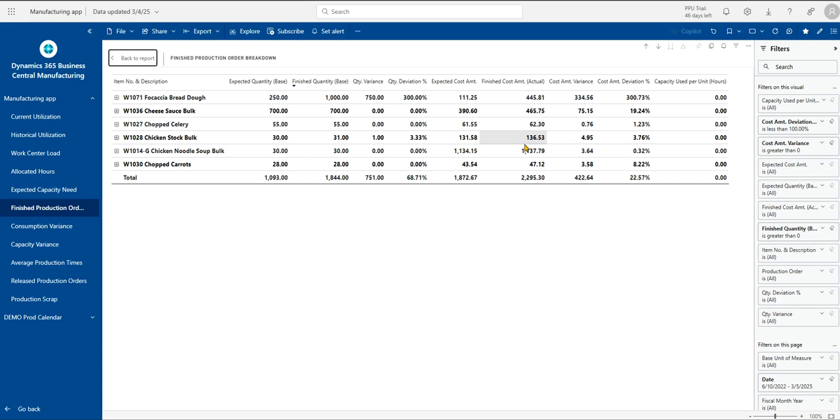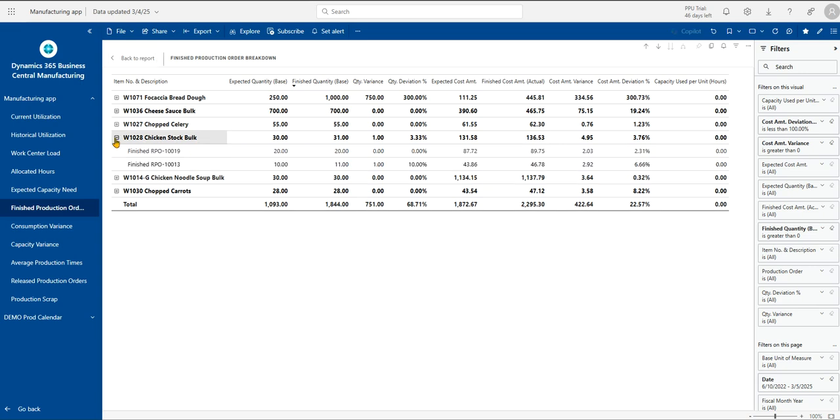Once again, in this quick window you can see this chicken stock bulk intermediate item had a 3.76% cost variance. Here are the individual production orders, and we can drill into these and see what is going on. In some cases, it's scrap. In some cases, it's raw material issues, and so on and so forth. But we have all the details here.